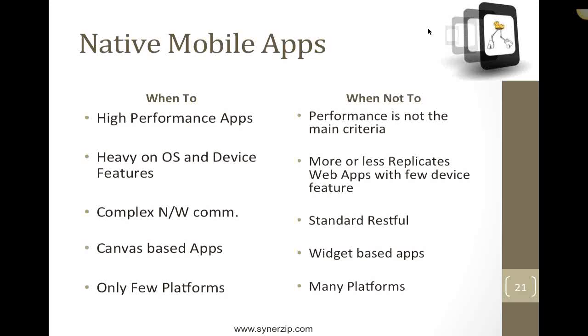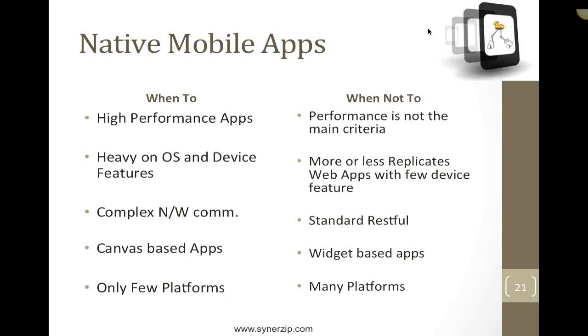And lastly, if you only want to support, let's say, two platforms, that like you imagine has decided that you only want to support Android and iOS, looking at the fact that they have the maximum number of end users, it does make sense to go native in that sense. But if you're supporting many platforms, more than those two, then understand the overhead is going to be far more than the benefit.